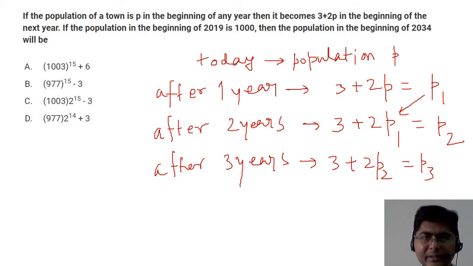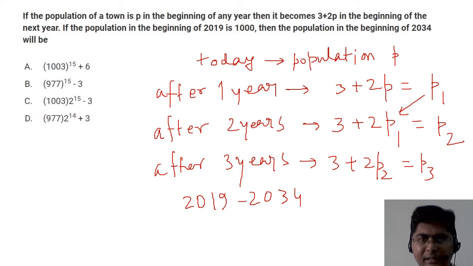So that means from 2019 to 2034. If it is 1000, then what will be the population after 15 years?